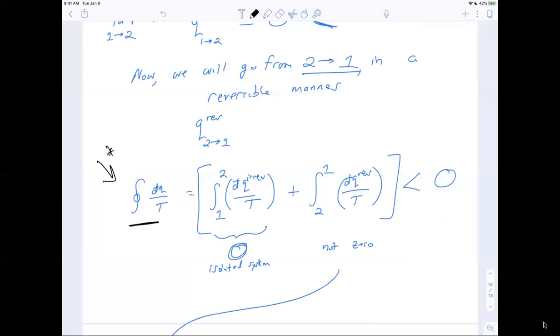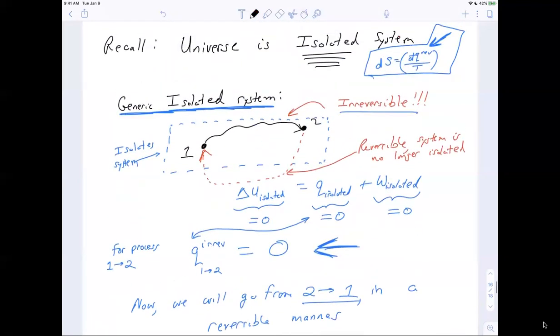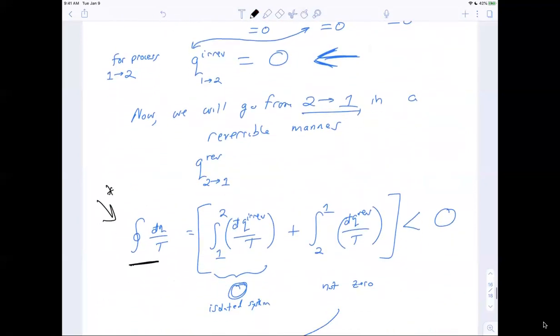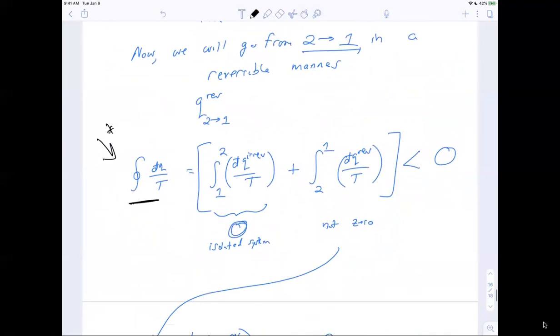So we can split that integral over the cycle into two parts because there were only two parts, the black process and then the red process going back. And those are the only two potential sources of heat interactions. If you go from 1 to 2, we have an irreversible process, but of course that was an isolated system, so there is no heat.